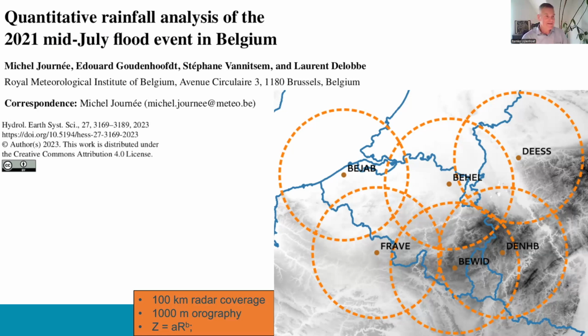Yes. Thank you, Remco, for the question. I think it's also a very important aspect to pay attention to, because indeed, the more radars we have and the more overlapping areas we have, it helps us to increase the fidelity of the quality of the radar data.